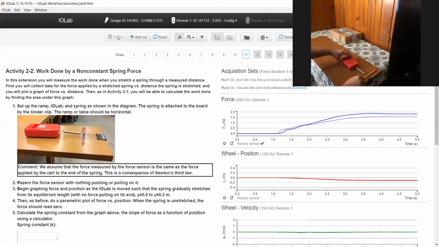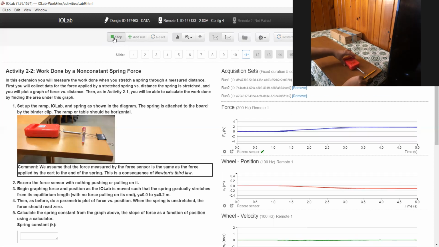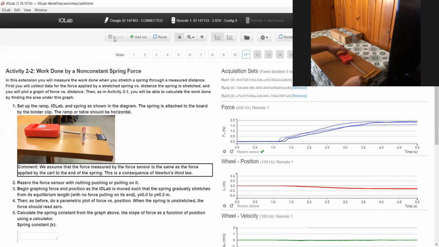If you want, you may do it again, your choice. Again, nothing pulling or pushing, raise the sensor, record it and gradually pull it so that it goes to 0.2 meter.